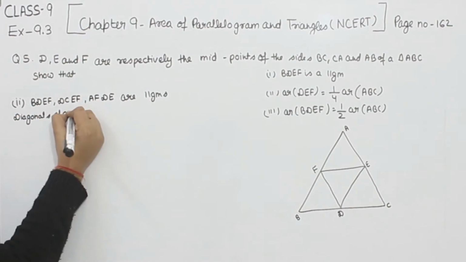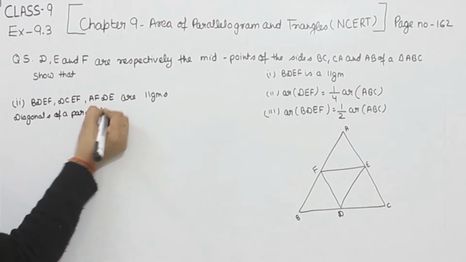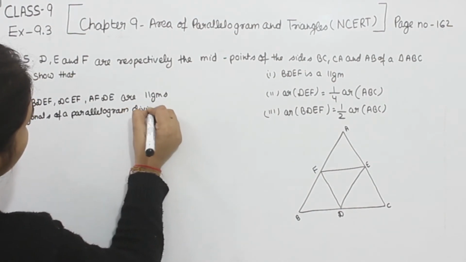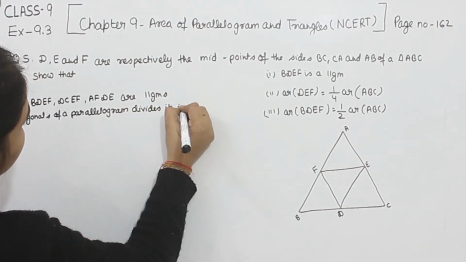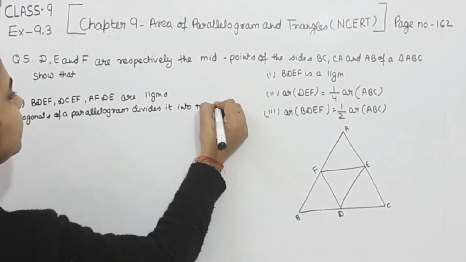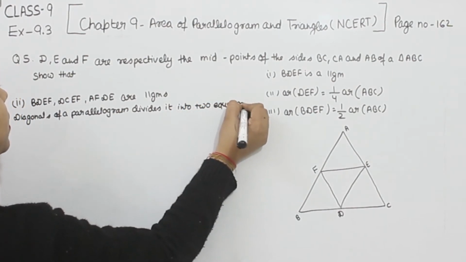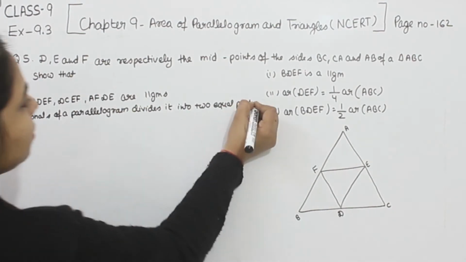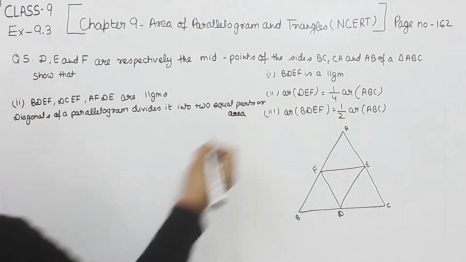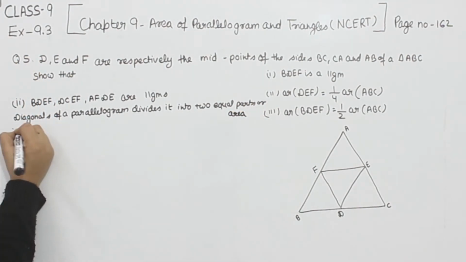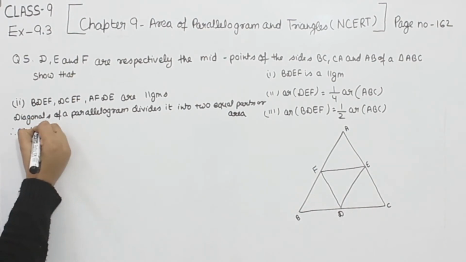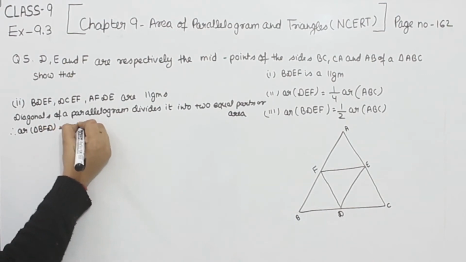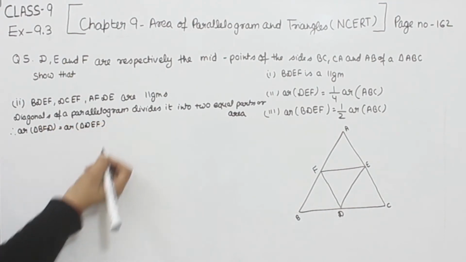Now, diagonals of a parallelogram divide it into two triangles of equal area. So the area of triangle BFD is equal to the area of triangle DEF.